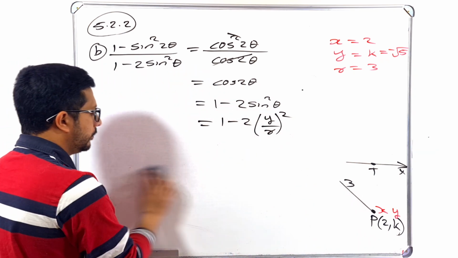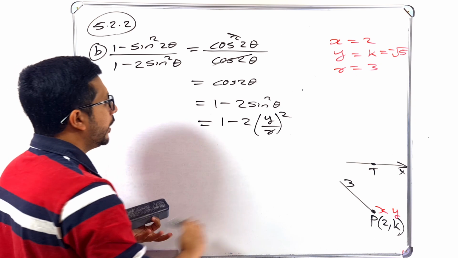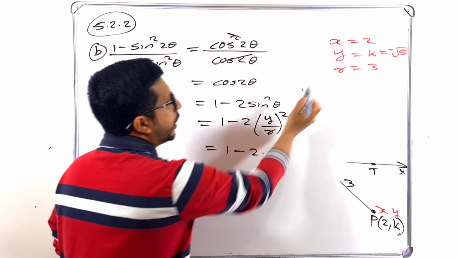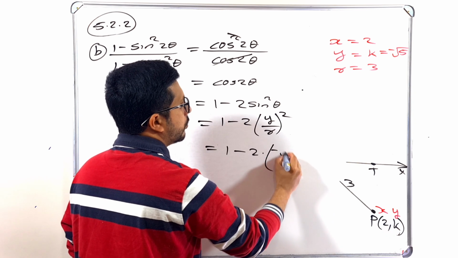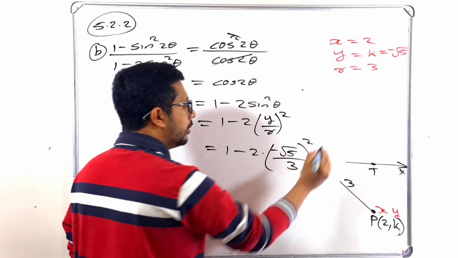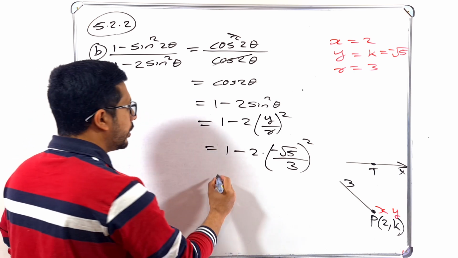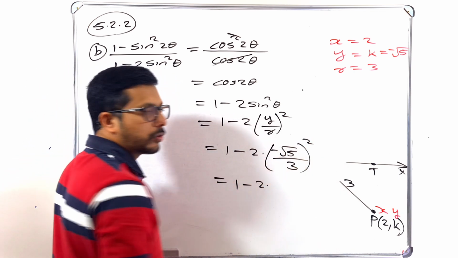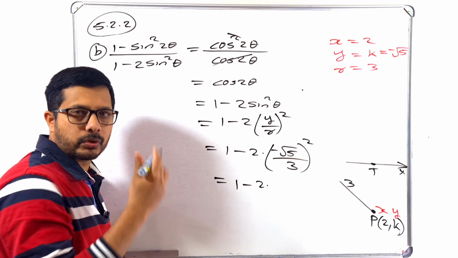So what is that one? 1 minus 2 times y is minus root 5 divided by r is 3, the whole square. Now simplify. Minus root 5 squared, minus square is positive.